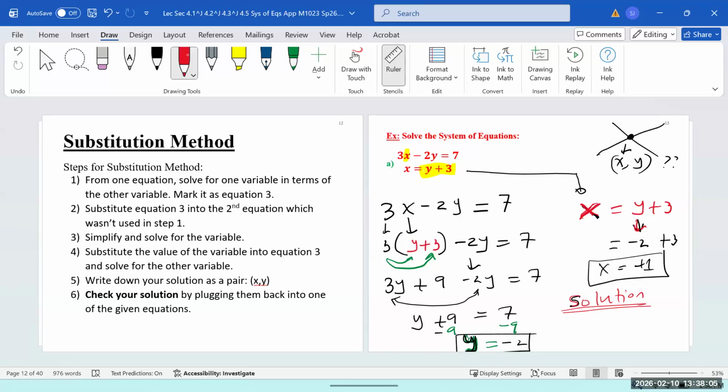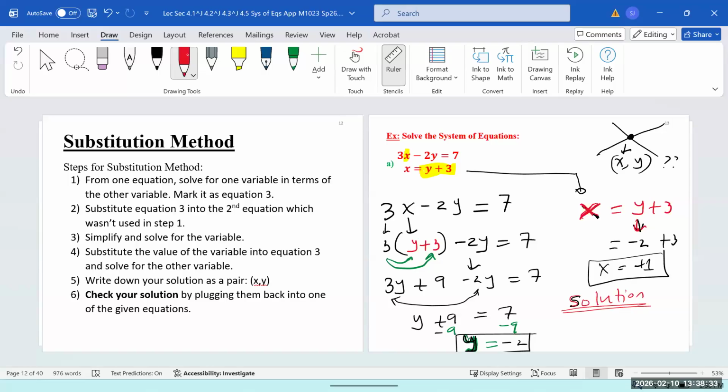So here, whatever variable is alone, you're going to pick that to replace. So here, x is alone on one side of the equal sign. So we are going to replace this x with the other side of the equal sign. If your y is alone on one side of the equal sign, we're going to replace y with whatever we have on the other side. So whatever is alone. If nothing is alone, then make something alone. And then do the replacement.